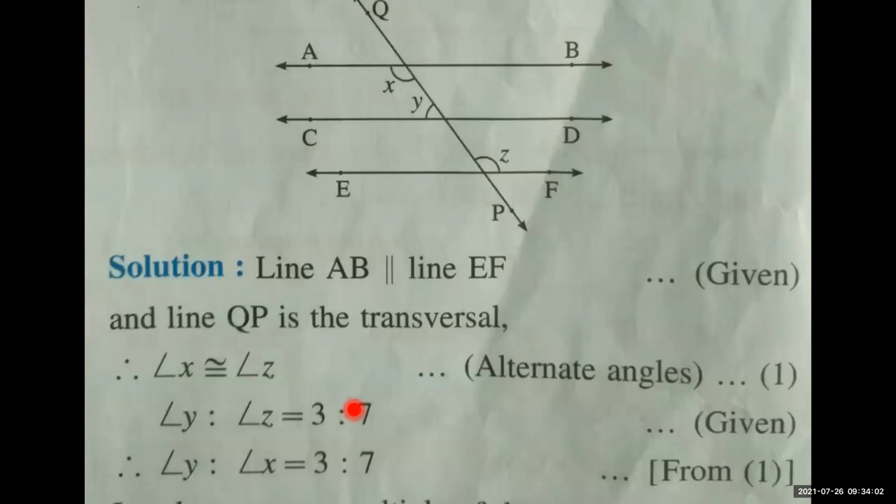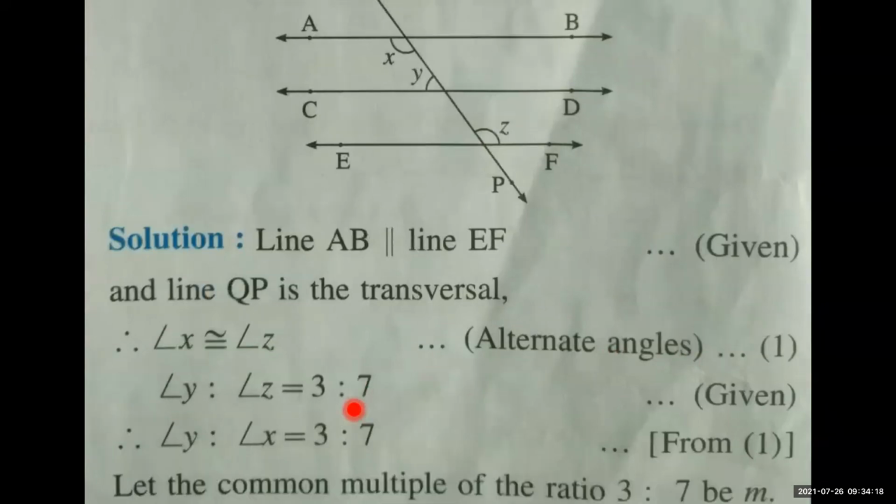I will replace angle Z with angle X here, because angle X and angle Z are both congruent, having the same measurement. So for these two angles, the ratio is 3:7.